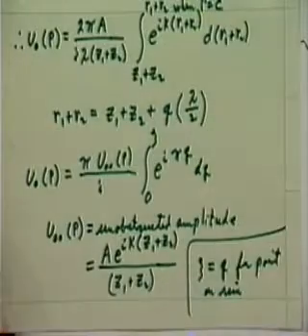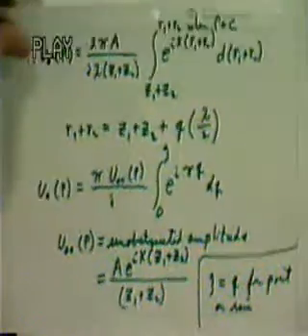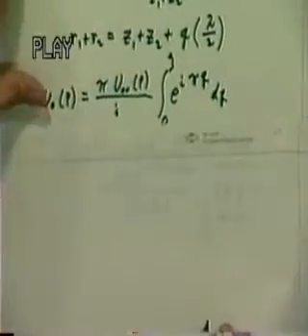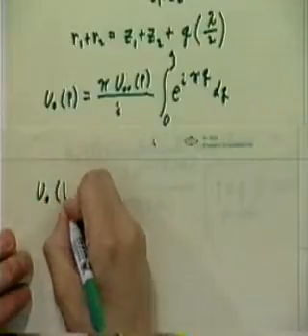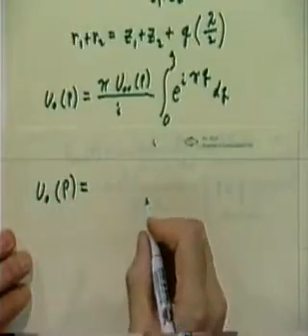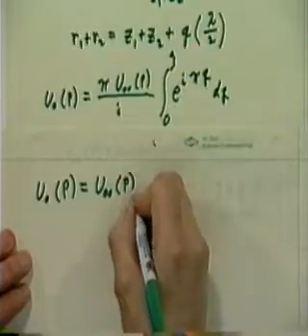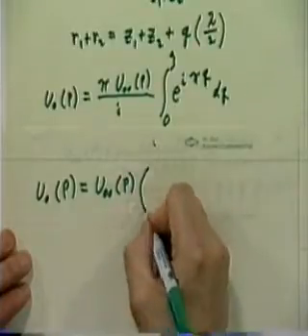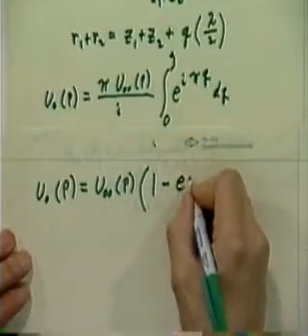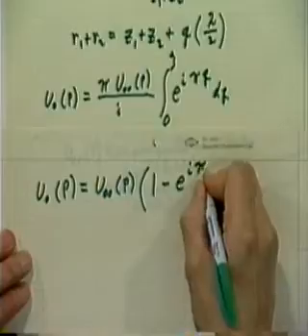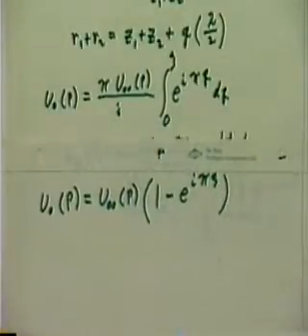Let's keep going here. So now here's an integral that with your help I can do. And so we would have that u0 of p is equal to u00 of p times 1 minus e to the i pi squiggle. Okay? That worked out pretty nicely.